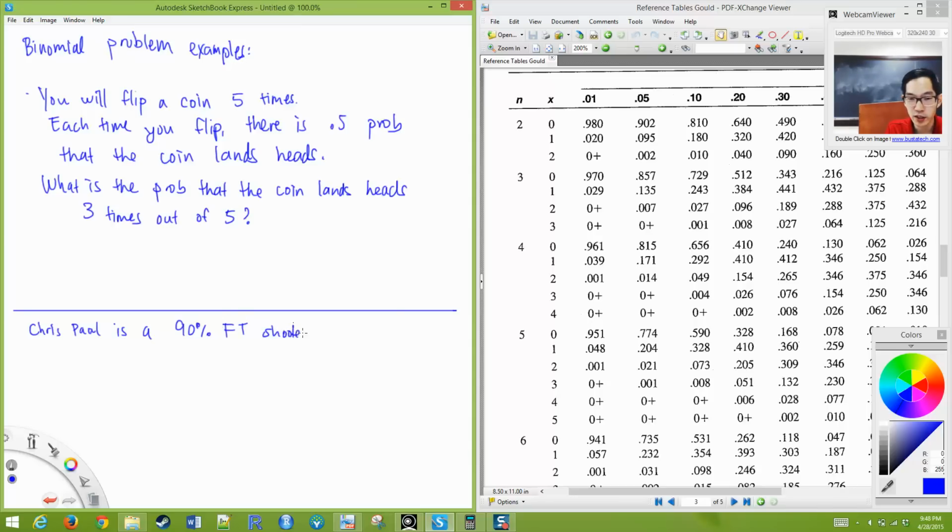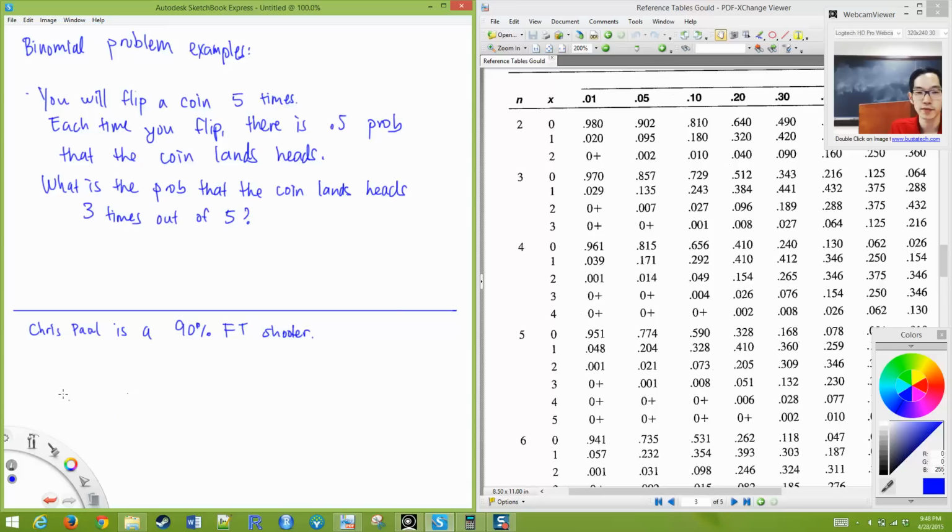What is the probability that he makes exactly 7 of the shots? Okay. So both of these are binomial problem examples.